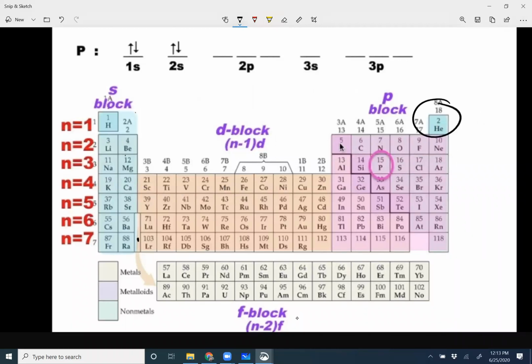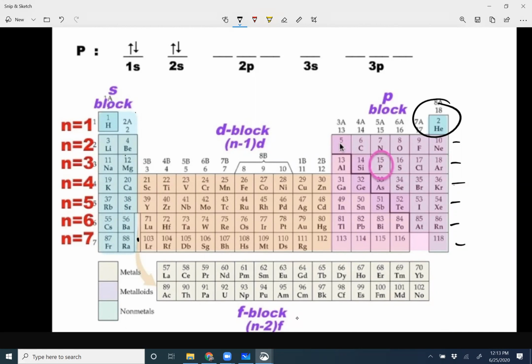Helium is the end of row 1. Neon, the end of row 2, argon, the end of row 3, krypton, xenon, radon. This is actually Oganesson, which is named after a Russian scientist, but it's not on there because it's the absolute end of the periodic table.